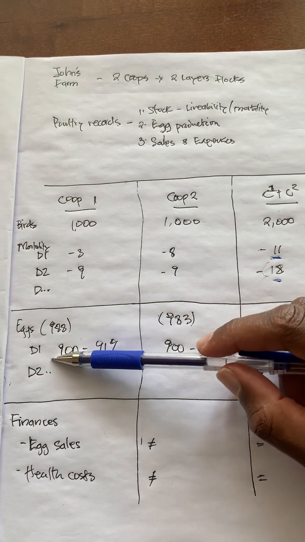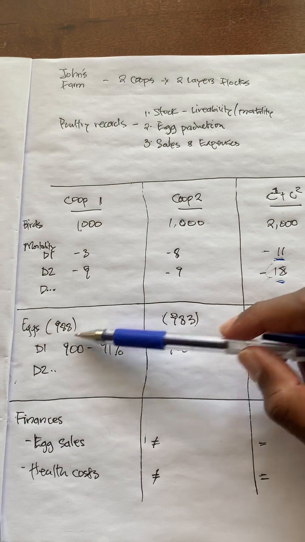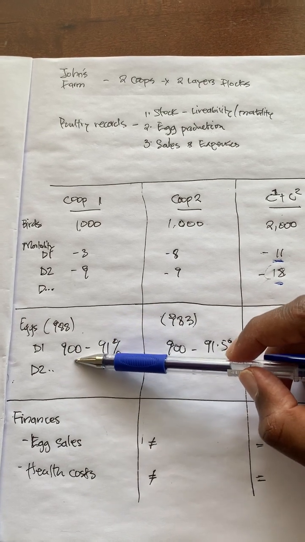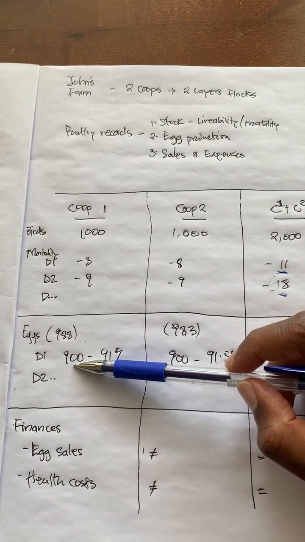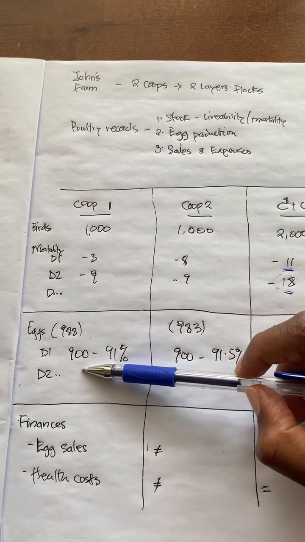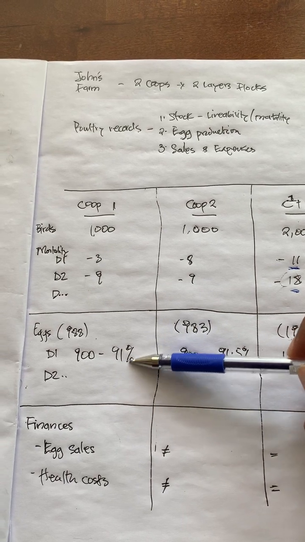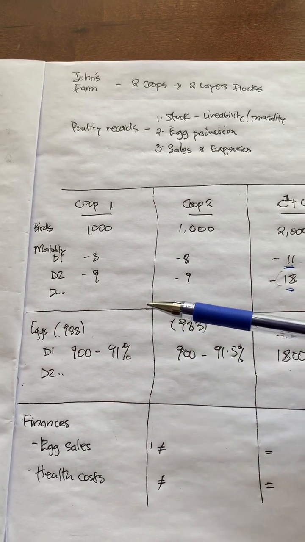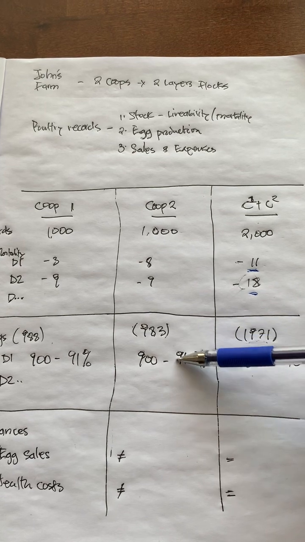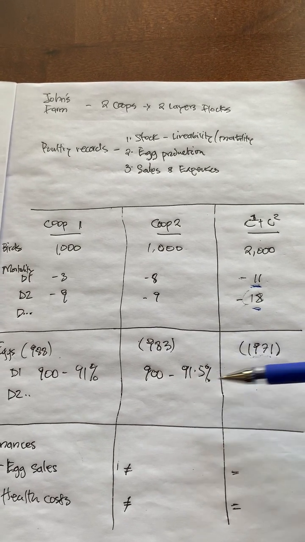And assume we started collecting eggs with our stock having that many birds. And assume in this day, whatever day, we have 900 eggs. So that actually means in this coop we have 91% egg production, while in this coop we have 91.5.